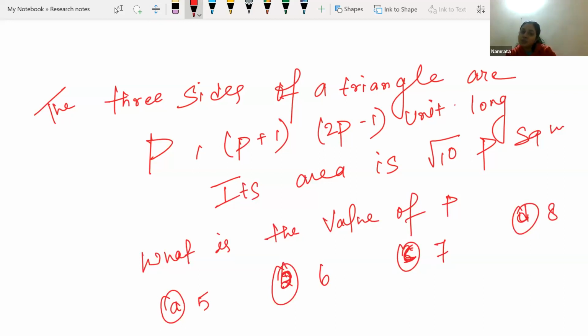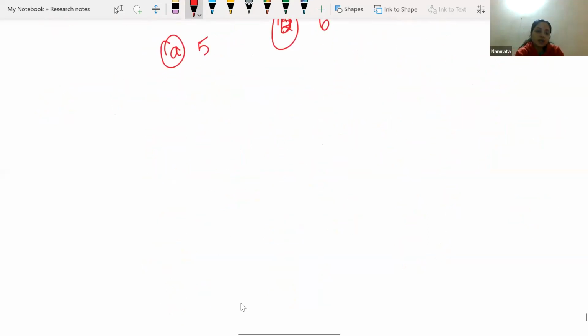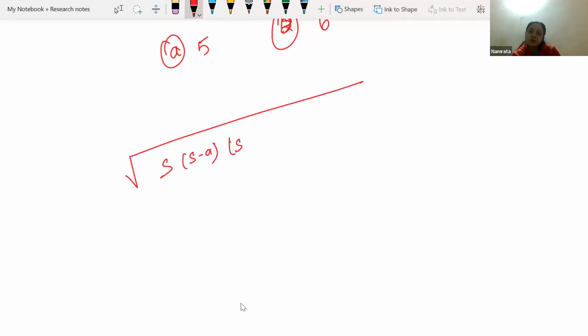The three sides of a triangle are given: P unit, P plus 1 unit, 2P minus 1 unit long. Its area is also given as under root 10P square unit. Find the value of P. Let's do it by using Heron's formula only. Let's find the area: under root S, S minus A, S minus B, S minus C. S is A plus B plus C by 2.